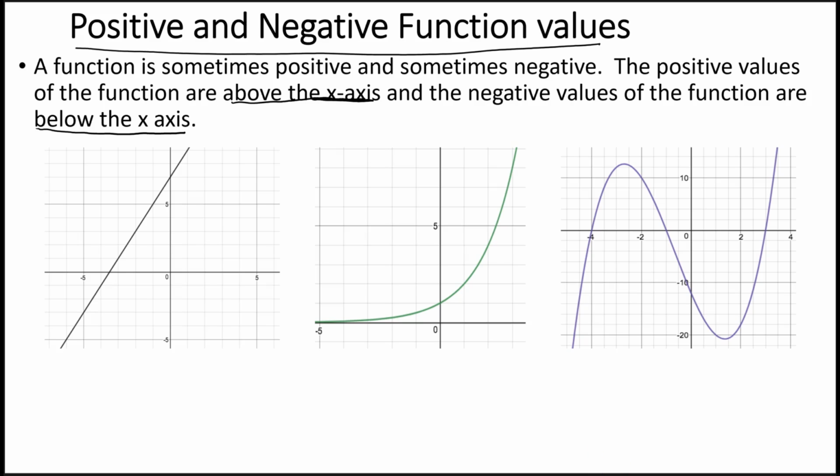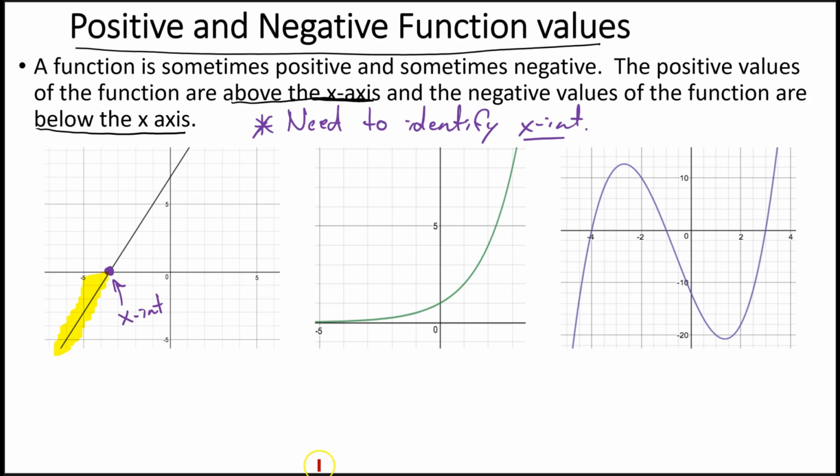So to be able to determine where we are above and below, I would add this to your notes, we need to identify our x-intercept, which we talked about in the previous video. Because if I look at my first function, here is my x-intercept. And so the part of the function that is negative is going to be the portion below the x-axis over here.